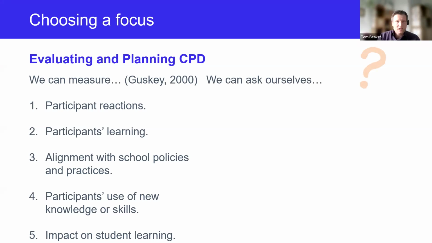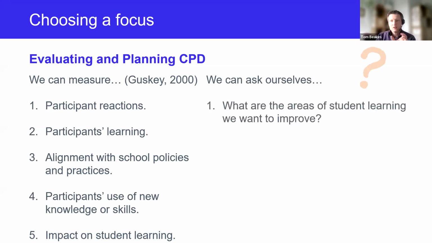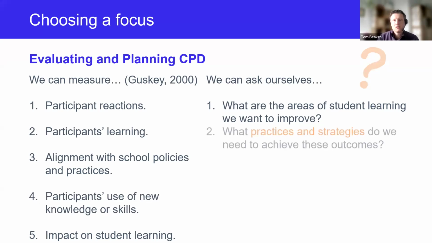So we can ask ourselves the following questions then. Thinking about student impact first, what are the areas of student learning we want to improve? In terms of skills and knowledge, what are the practices and strategies that we need to achieve those outcomes?